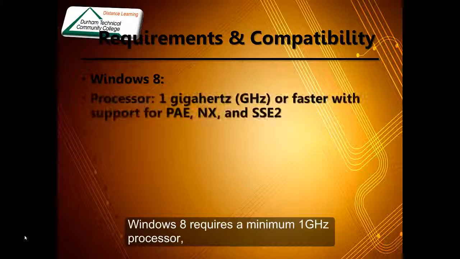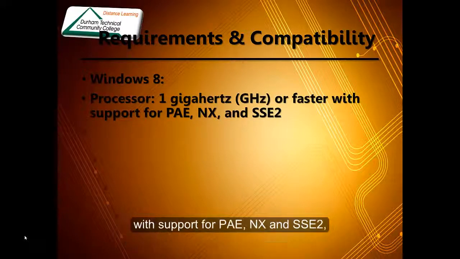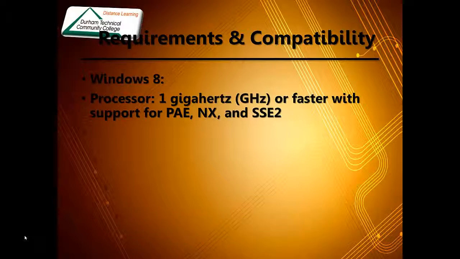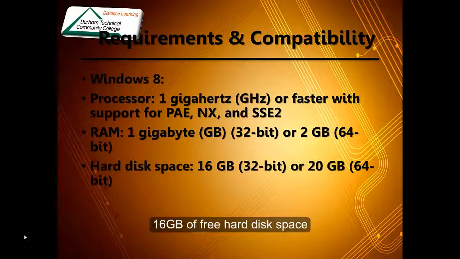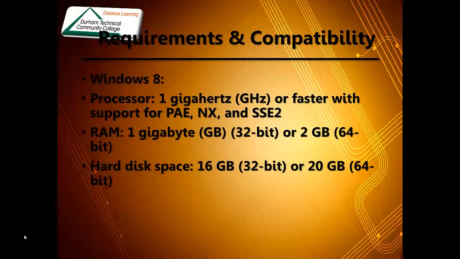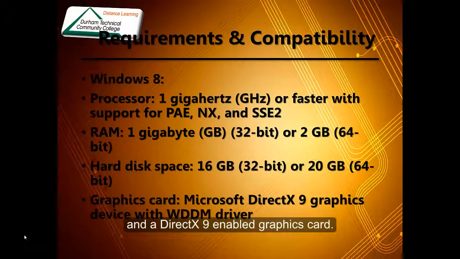Windows 8 requires a minimum 1 GHz processor, support for PAE, NX, and SSE2, 1 GB of RAM, 16 GB of free hard disk space, and a DirectX 9 enabled graphics card.